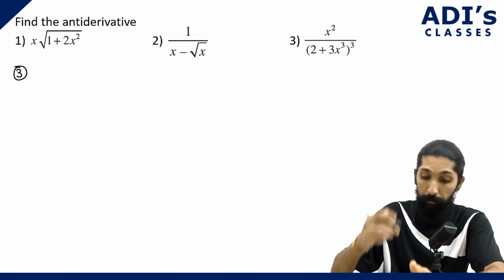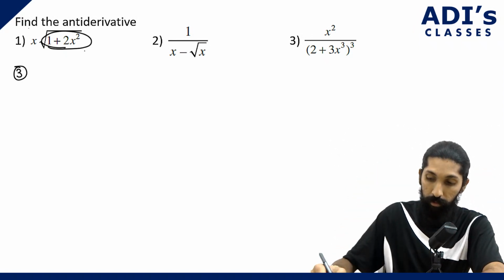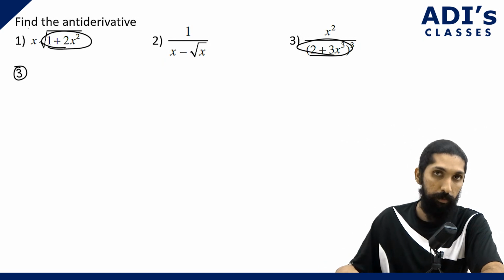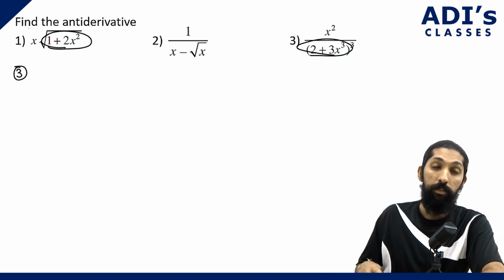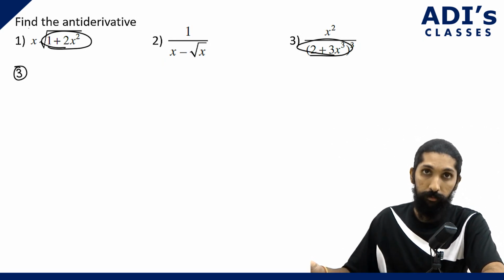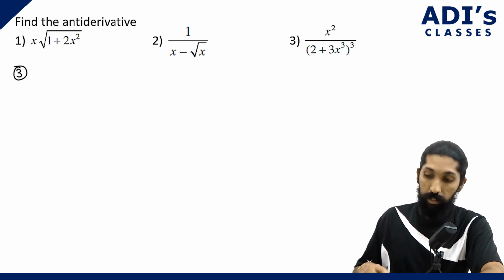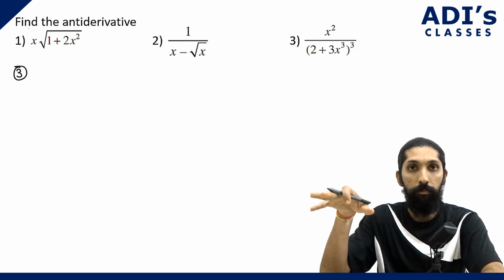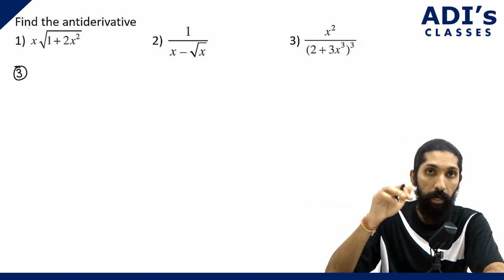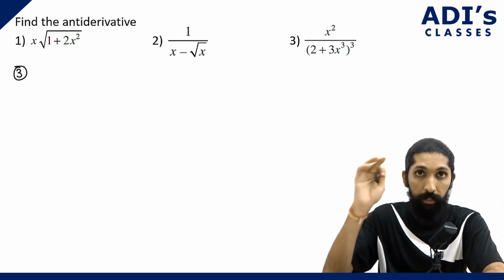So just to recap, look at the first one here and look at the third one. Both are algebraic functions. Just like what we did in the first question, you do the same thing for the third one also. That means rather than taking just x cube, take 2 plus 3x cube itself as t.